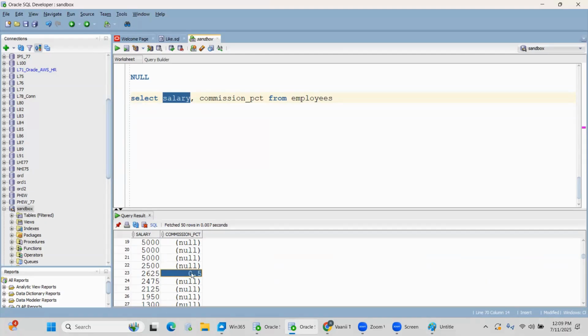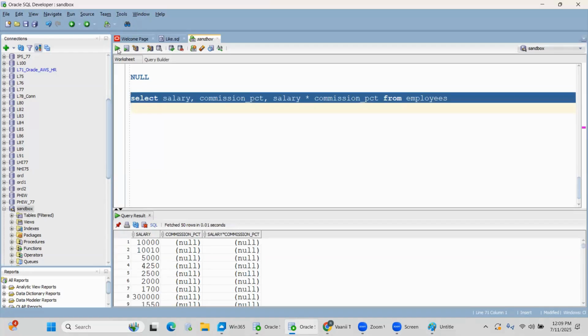So if you want to calculate the commission amount, what do you need to do? You need to multiply salary and commission. Let's see how much it is coming to. See, we got the salary column, we got commission percentage, and then we have salary into commission, right?